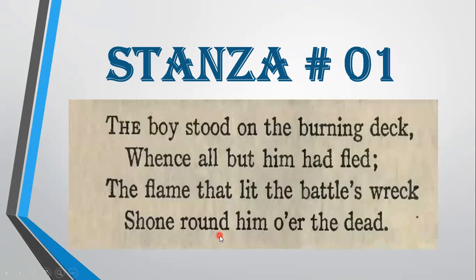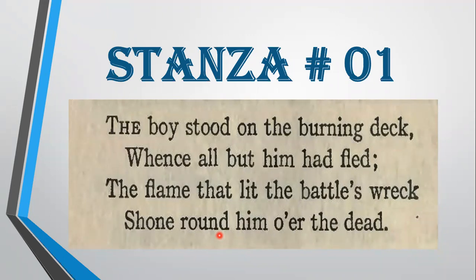This poem is all about the bravery and commitment of Casabianca, whose father was a commander in the army, and he was also following his father. Now the ship had caught fire.